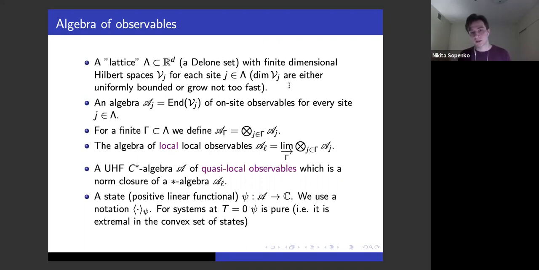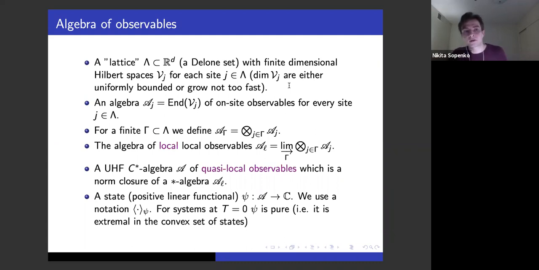And usually people then define the algebra of quasi-local observables, which is a C-star algebra, and it's just the norm completion of this algebra, and consider states on this system. But this algebra actually doesn't know too much about the system, about the lattice. It only knows which sets of the lattice are local.